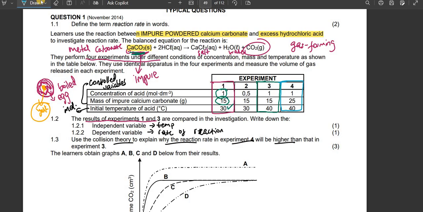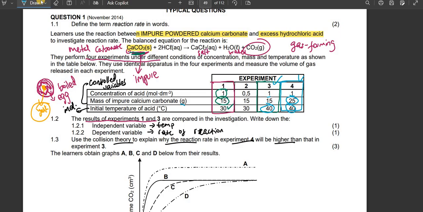What was changed between experiment 3 and experiment 4? The concentration is the same. The mass is not the same. In experiment 4, they used 25 grams, while in this one they used 15 grams. The temperature was the same. So it tells you that your controlled variables are the concentration and the temperature, but your independent variable between 3 and 4 is the mass.